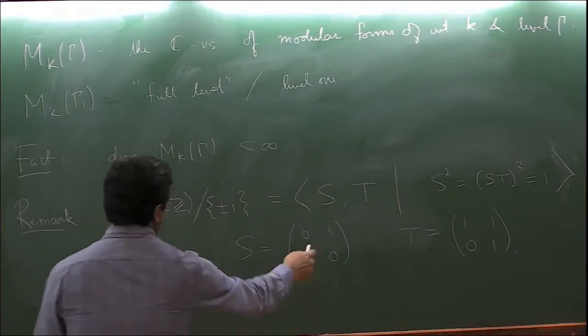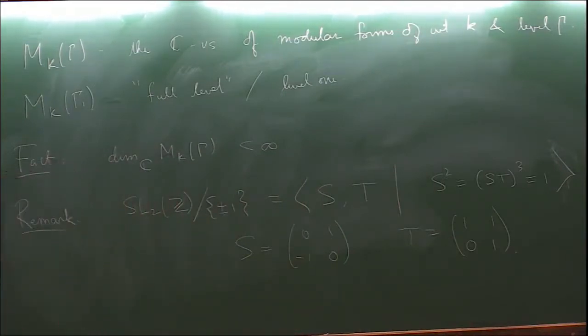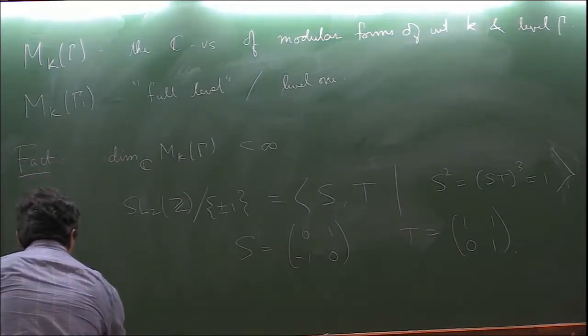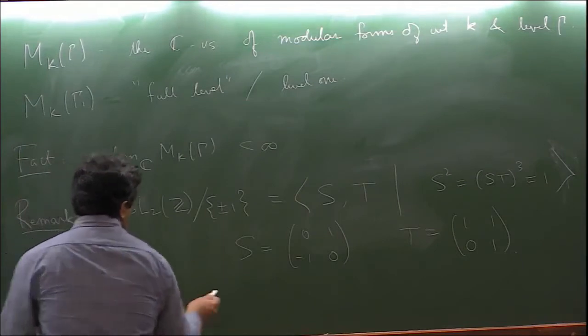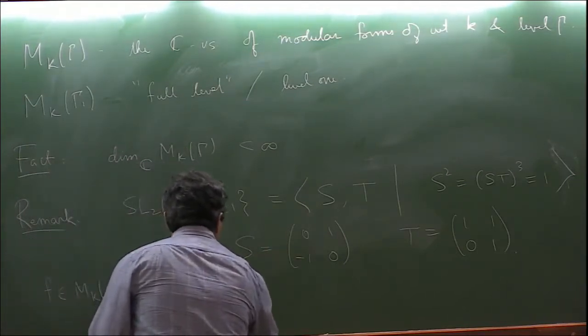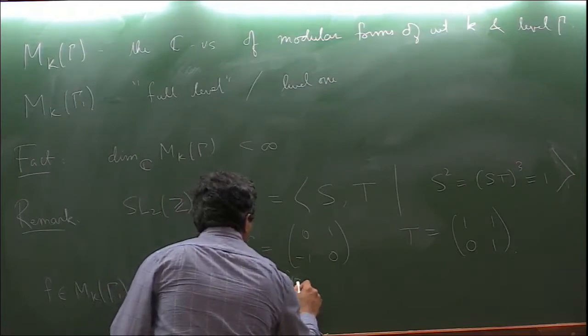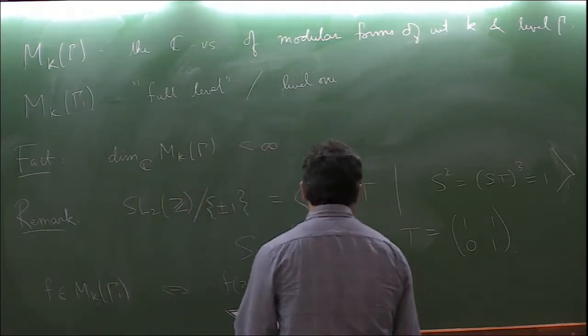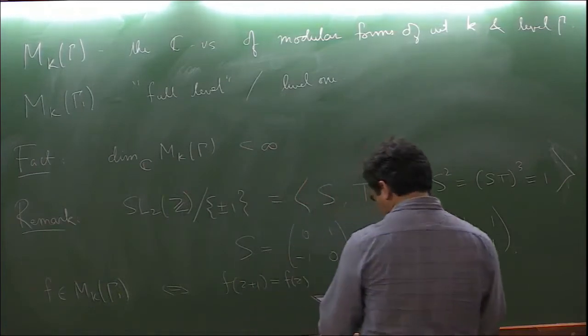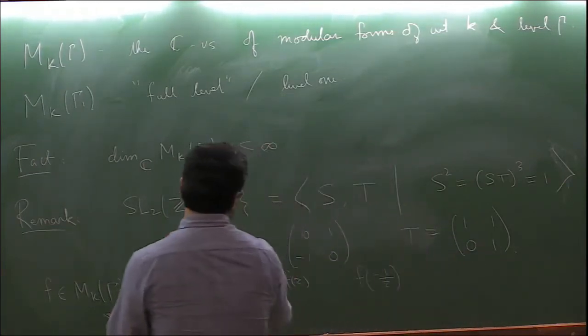So to check that something is a modular form of full level, you just have to check the modular relations I'm writing down. So f of z plus 1 is f of z for all z in H, and f of minus 1 over z is z to the k f of z. I'm modding out by minus 1.